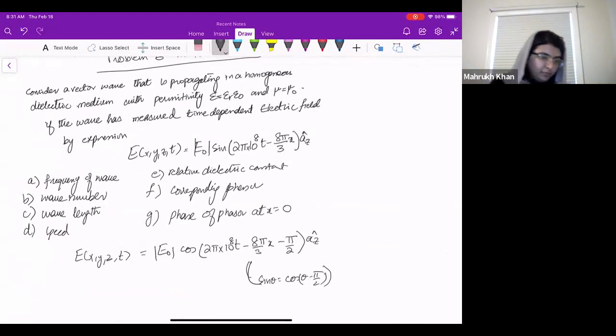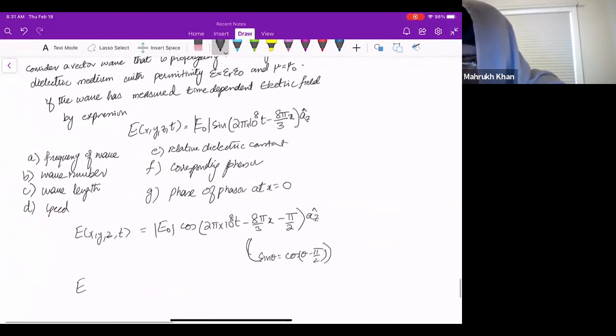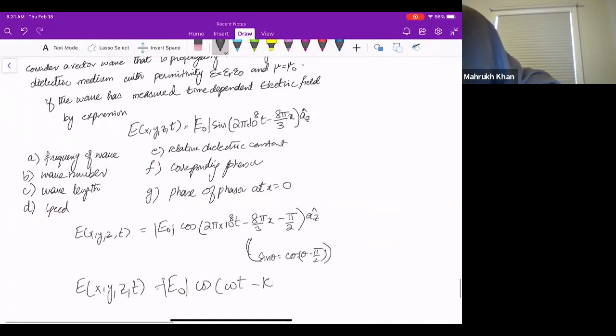Okay. So what do you think is the frequency of the wave? One more thing I want to write. Then it's easier to do. So if I want to write this as omega t minus kx minus phi, that will make more sense.